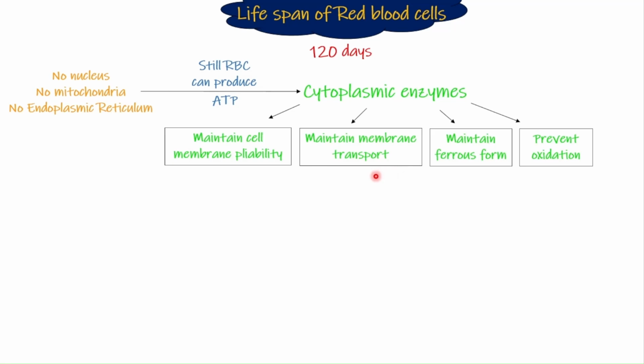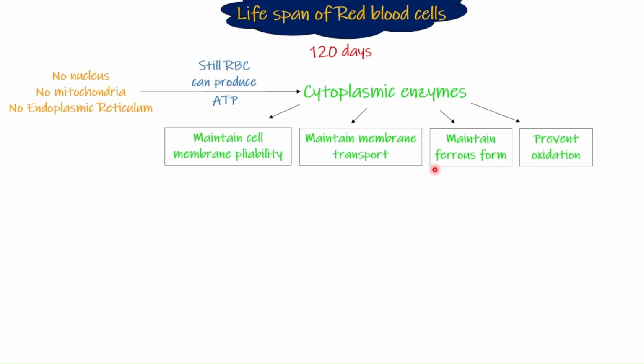The second one is that the cytoplasmic enzymes help in maintaining the membrane transport of the cell membrane of red blood cells. Membrane transport is very necessary in RBCs because the oxygen has to pass the membrane and the carbon dioxide has to cross the membrane. That's why cytoplasmic enzymes maintain this transport. Then cytoplasmic enzymes maintain the ferrous form of iron. Iron has to be present or maintained in the ferrous form, not the ferric form.